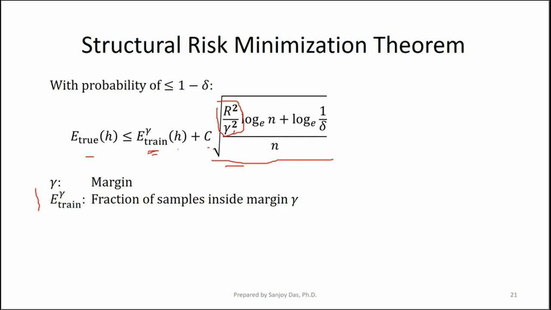And so we can see that the VC dimensionality of a hyperplane gets lower if the margin of separation is made high. And that's the reason support vector machines are preferred in classification and regression. And this approach is called structural risk minimization.